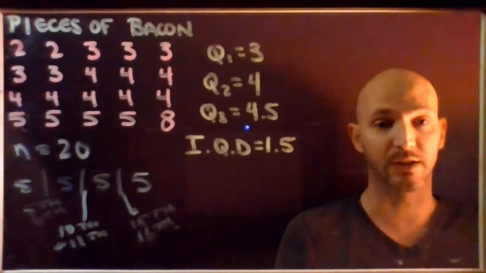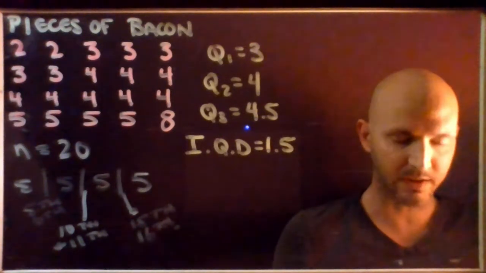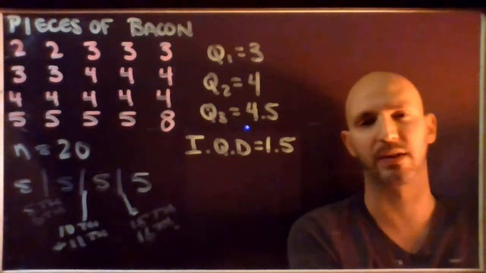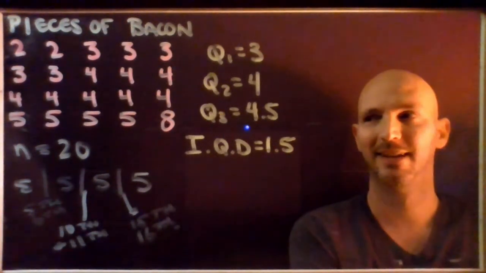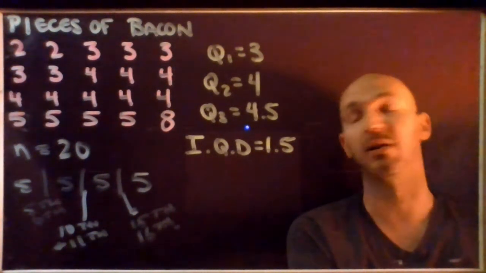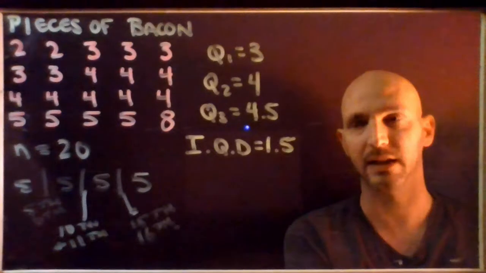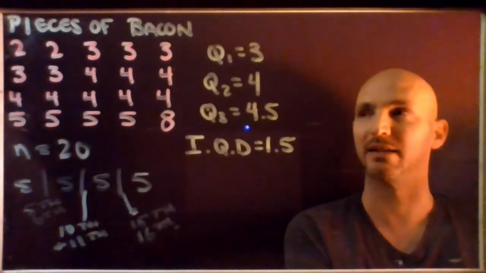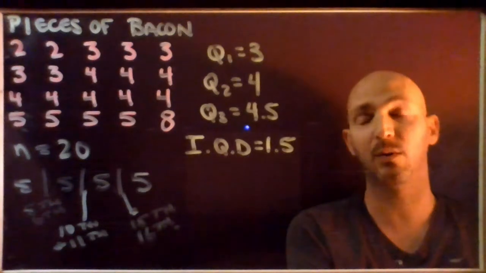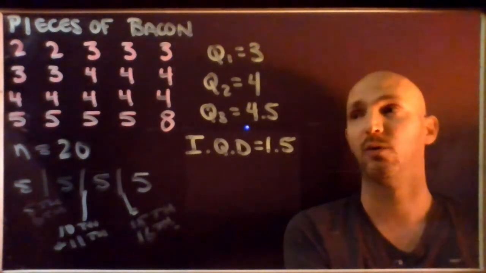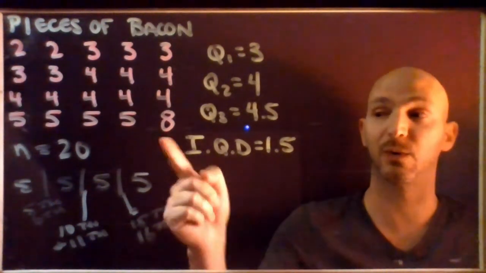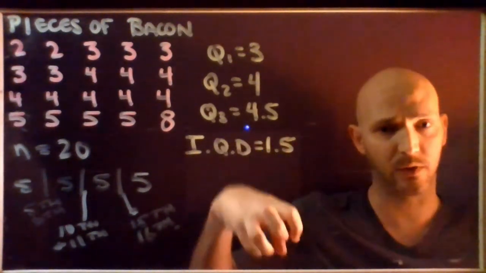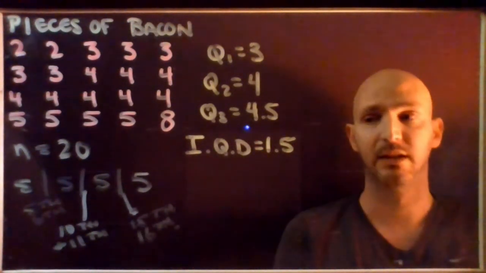So far so good. One of the topics that we need to cover here is whether a data point is an outlier, and you may be looking at that list of numbers over there and thinking about your own behavior at a breakfast buffet, and when you're walking by that delightful steam tray full of bacon, perhaps you are the person who only takes 2 slices, or 3, or 4, or 5, but then there's always this one, the one who shows up and takes an entire clawful of bacon and puts it on their plate.